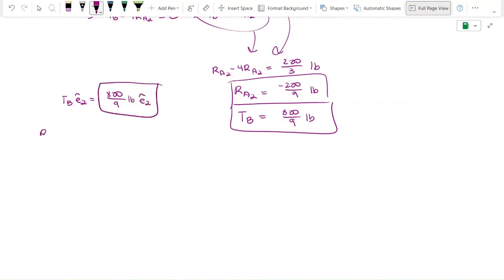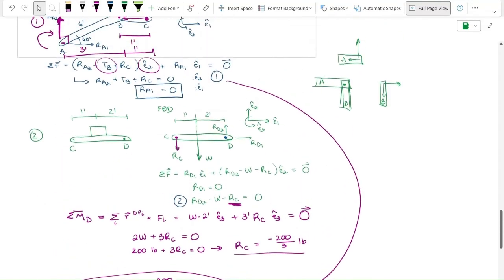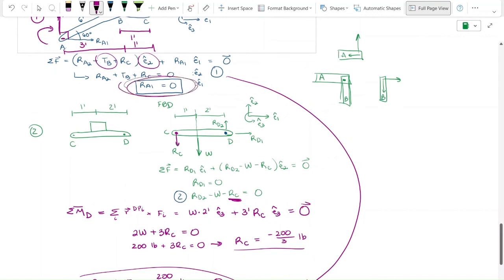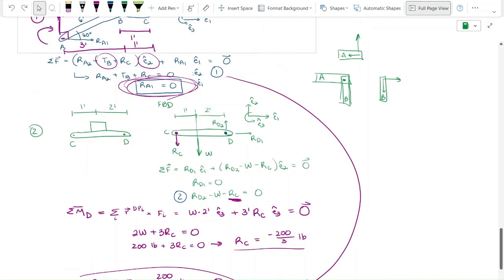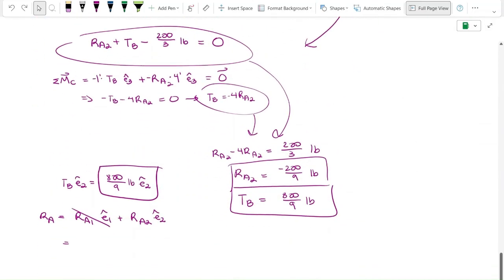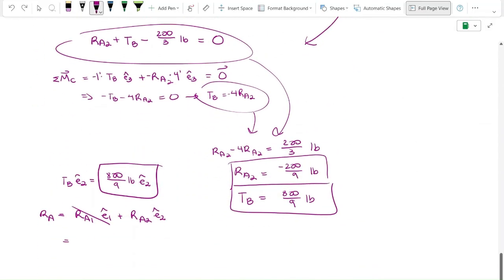And then for the reaction force at A, that is equal to the reaction force in the E1 hat direction, which we defined as RA1, plus the reaction force in the E2 hat direction, which we defined as RA2. We found RA1 was equal to 0 up here, and then we have RA2 was equal to negative 200 over 9 pounds in the E2 hat direction.